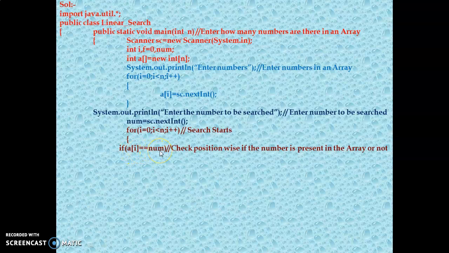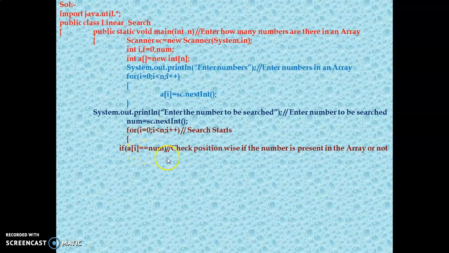The number is fixed for all the elements, but we change the position: take the 0th position first, then 1 position, then 2 position, and we continue our searching till we get the number in the array. So here we give one comment line: check position wise if the number is present in the array or not. From 0 we will start till we end at the last position of the array.